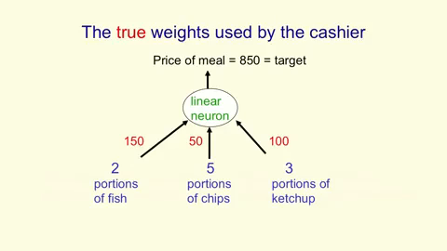So let's suppose that the true weights that the cashier is using to figure out the price are 150 for a portion of fish, 50 for a portion of chips, and 100 for a portion of ketchup. For the meal shown here, that will lead to a price of 850, so that's going to be our target value.